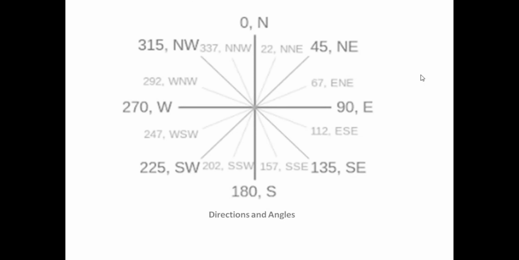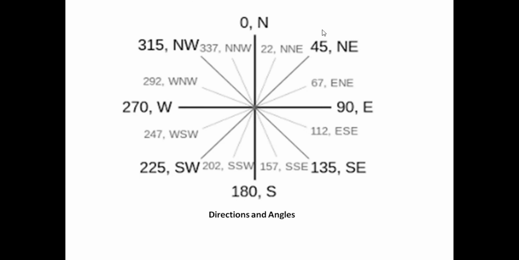Next, angle representation among the directions. If we consider north as 0 degrees in the clockwise direction, then 90 degrees is east, 180 degrees is south, 270 degrees is west, and again 360 degrees is north only.